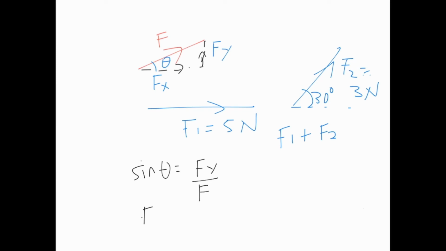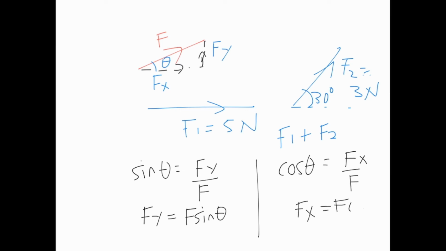So therefore you get Fy equals F sine theta. And cos theta is adjacent over hypotenuse, so Fx will be F cos theta. So I can label this as F cos theta and F sine theta.